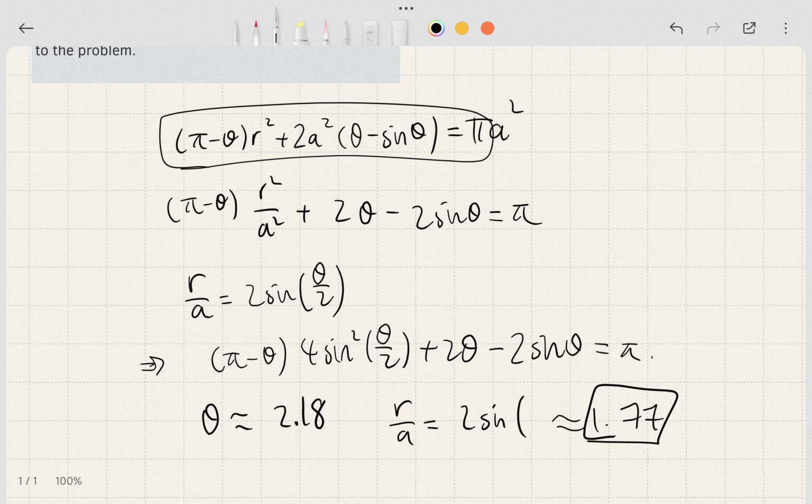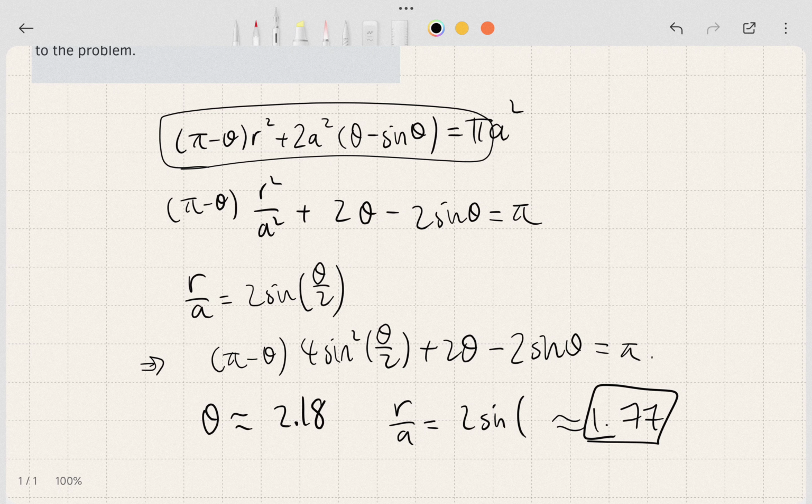I'm not sure about the situation here. 1.77 is not an answer, unfortunately.